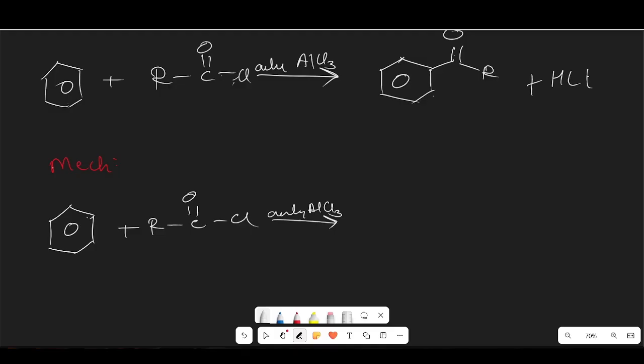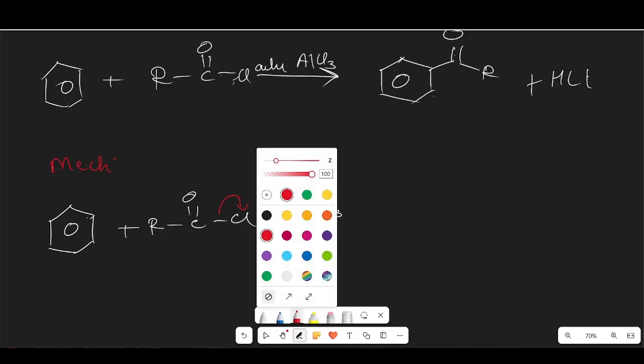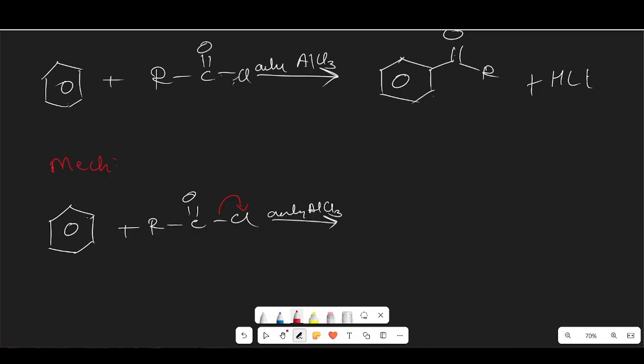Your catalyst breaks your attacking reagent, forms a carbocation and a chloride ion. We get Cl minus. We have RC double bond O plus, which is a resonance stabilized carbocation. This is a resonance stabilized species. And you have benzene as itself on the side bench, wondering when its turn will come.